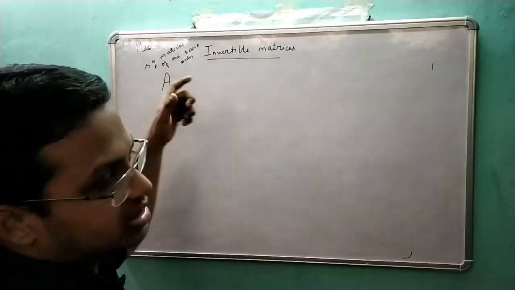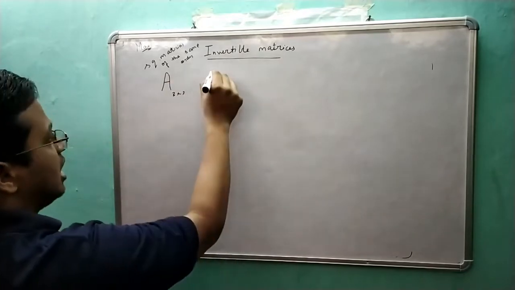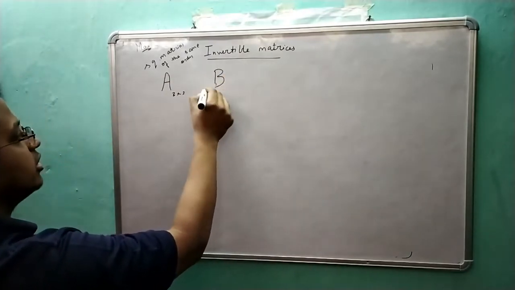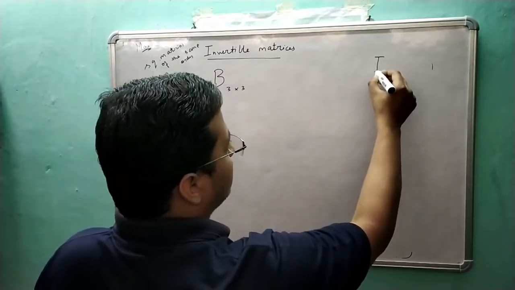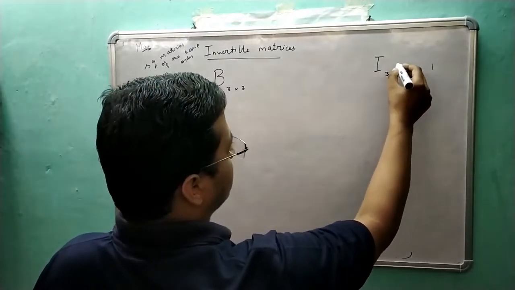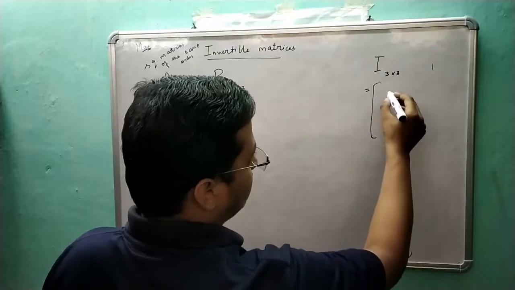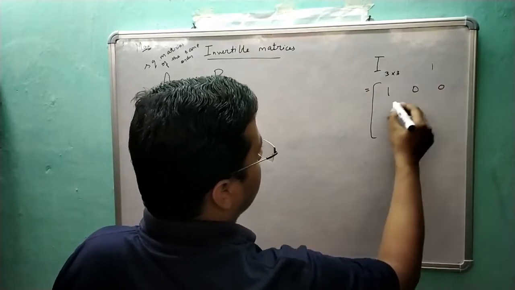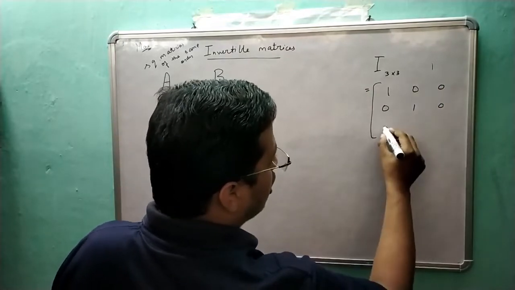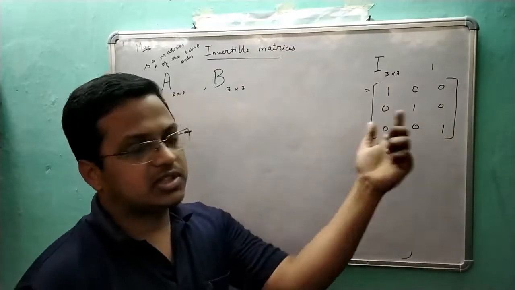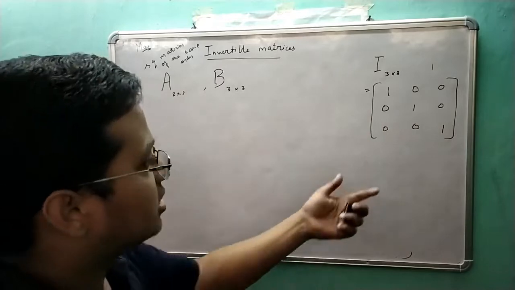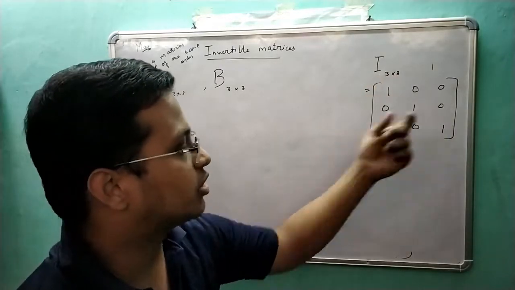So A is a matrix of order 3 cross 3 and B is another matrix of order 3 cross 3. Let us also take the identity matrix of order 3 cross 3. What is the identity matrix? Remind yourself, our identity matrix was something like this. All the principal diagonal elements are 1 and everything else is 0. So this is the identity matrix of order 3 cross 3.